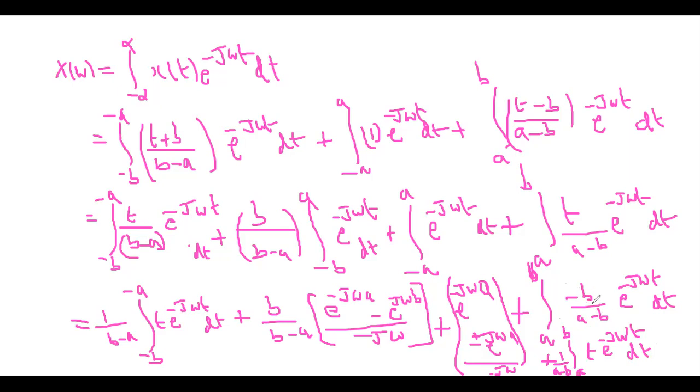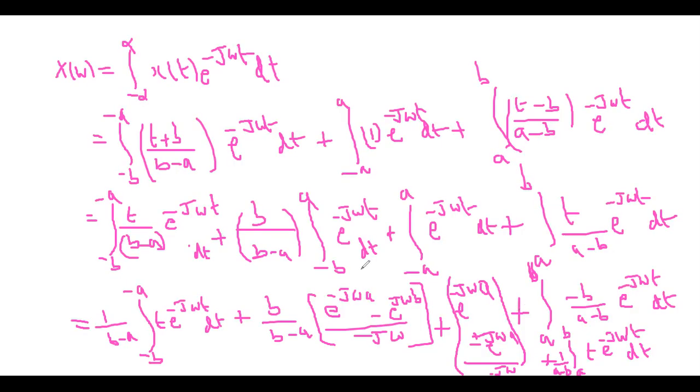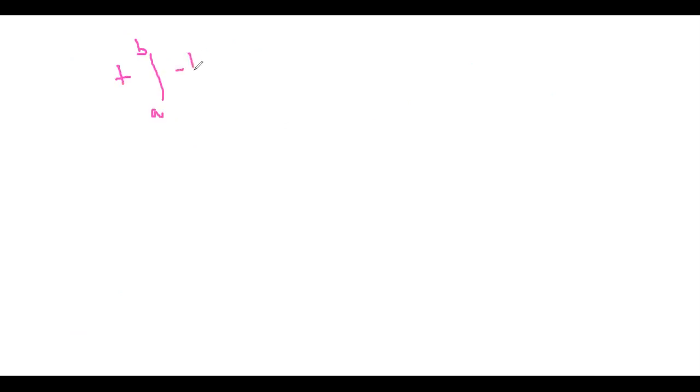For the last term, a minus b is a constant, so integral a to b of minus b by a minus b, e power minus j omega t dt.